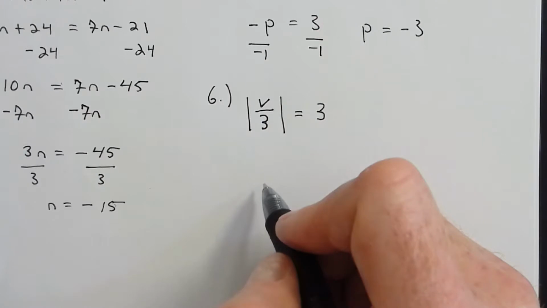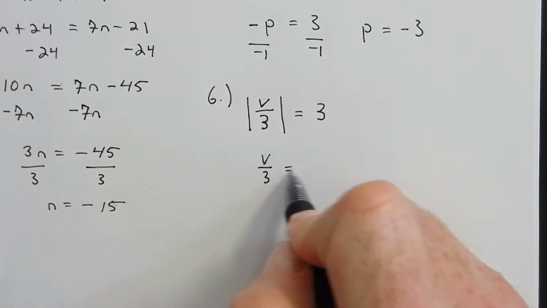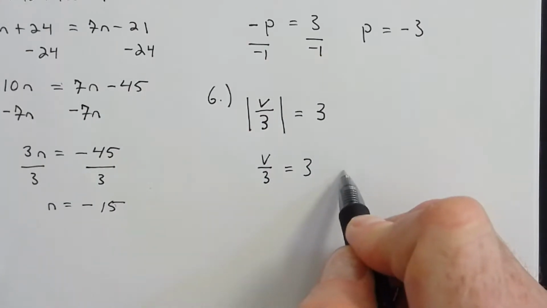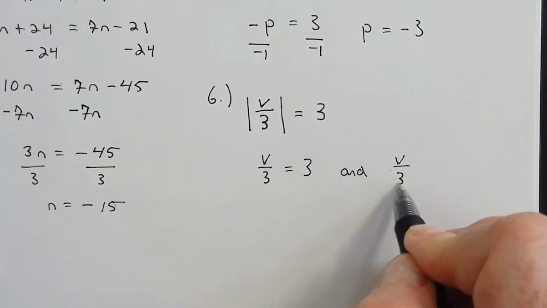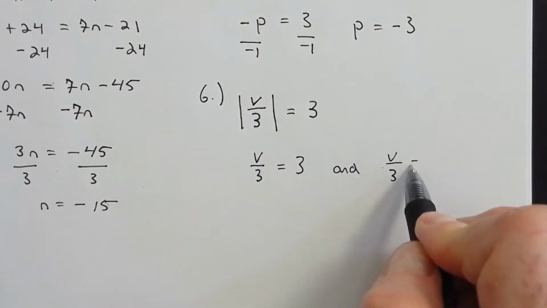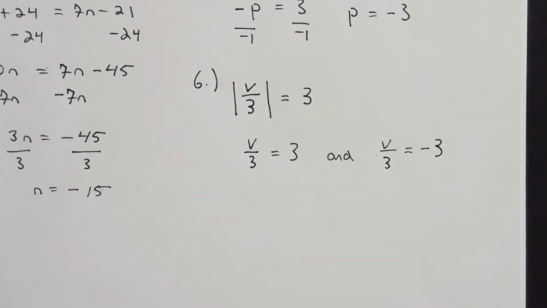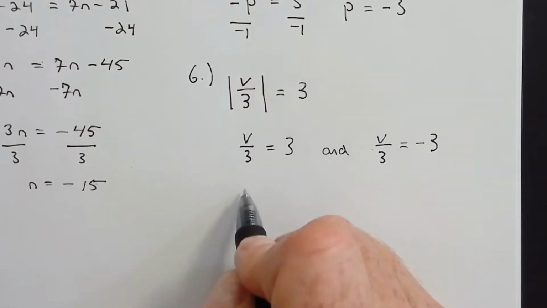We're going to drop the absolute value bars, set it to positive 3, and set it to negative 3. Cross multiply.